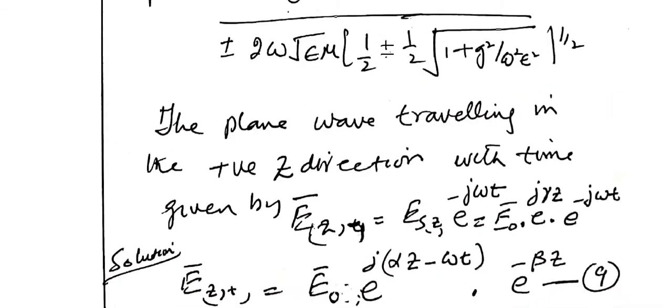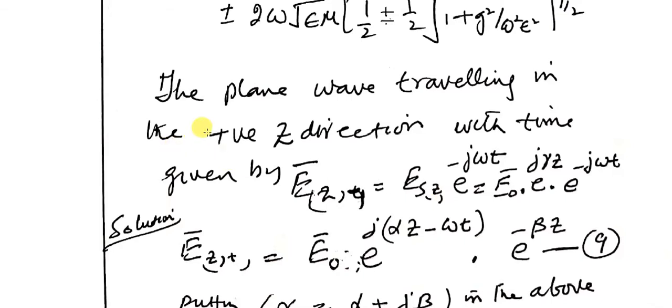Now the plane wave traveling in the positive z direction with time dependent part is given by E of z comma t is equal to E of z e to the power minus j omega t. Since E of z is E naught e to the power j gamma z into e to the power minus j omega t, again here the powers will be added.